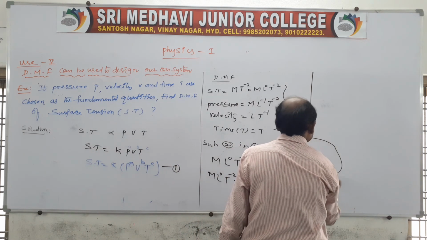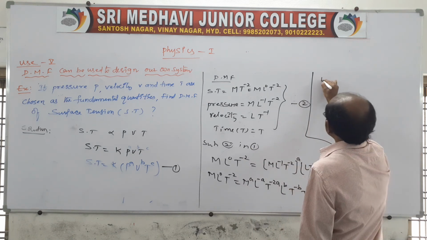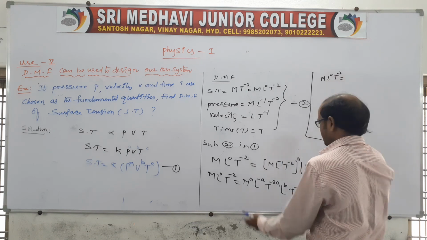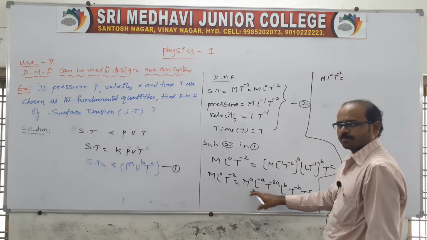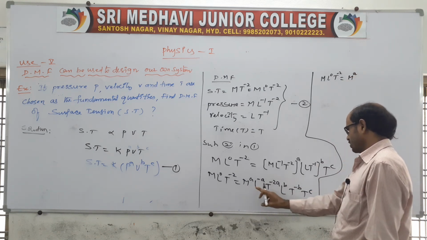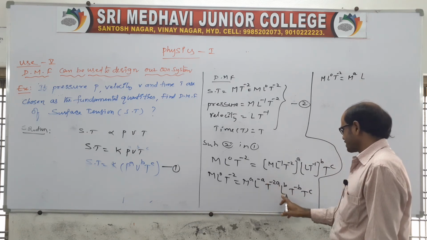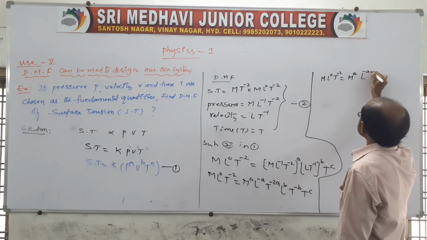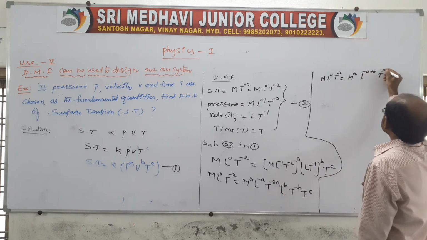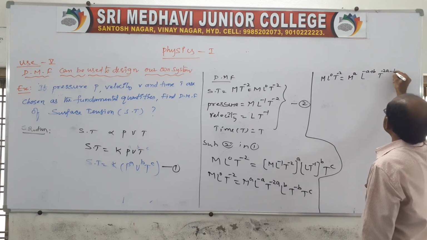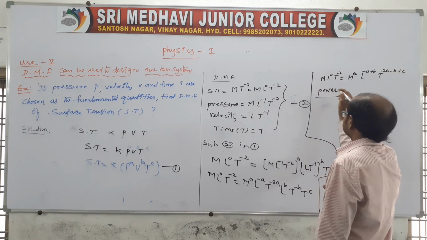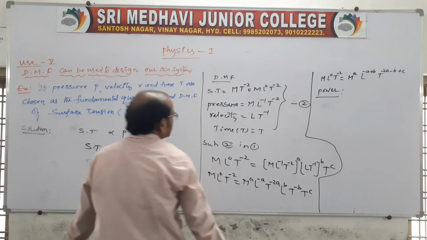Now you add powers. Only M is there on the right side, so you write M^A. For L, the bases are the same, so the powers are added: minus A plus B. For time, the power is minus 2A, minus B, and plus C. Again, by taking the power comparison, we will get the A, B, C values.